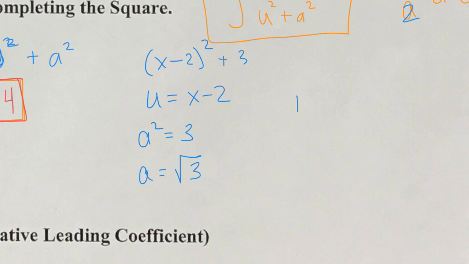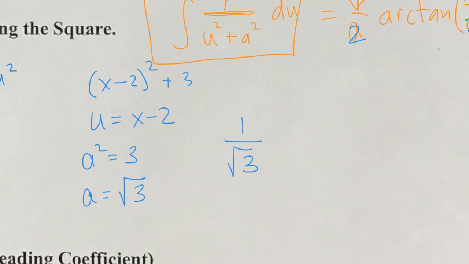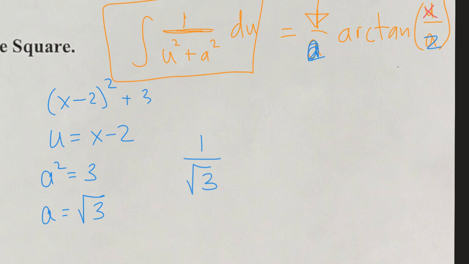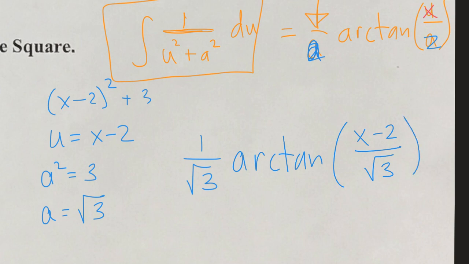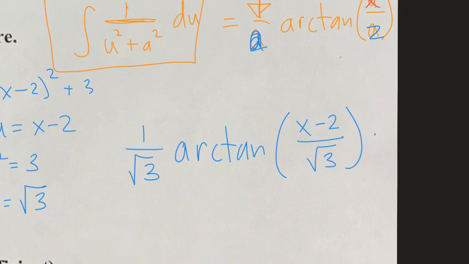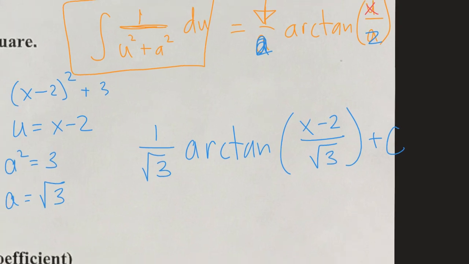So because this is an arctan, it's 1 over root 3, right? That's the a part that we had talked about up here, times the arctan of the u, which is x minus 2, over root 3, the a value. And then, of course, because it's an indefinite integral, plus c.